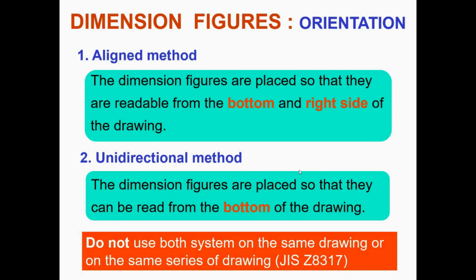Do not use both system on the same series of drawings. So if you are using the align method, you stick to the align method. If you're also using the unidirectional method, you also stick to the unidirectional. Do not combine both the align and the unidirectional at the same time.